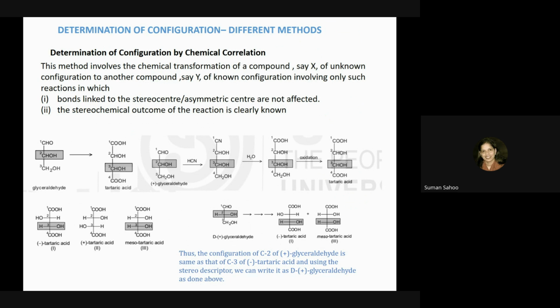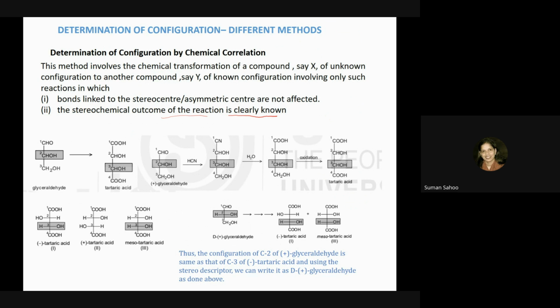One is determination of configuration by chemical correlation. In this method, it involves a chemical transformation of a compound whose configuration we do not know. So we transform it to another compound whose configuration we know. And you have to do it in such a way that the bonds linked to the stereocenter, or asymmetric center, are not affected, and the stereochemical outcome of the reaction is already clearly known.